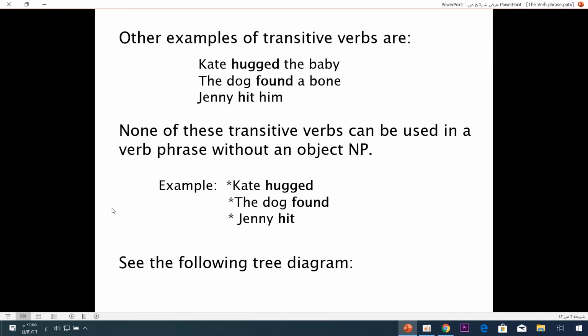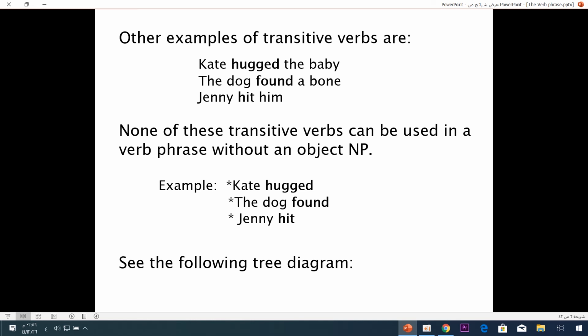Kate hugged doesn't have meaning. The dog found what? Jenny hit what? The object answers the question: what did he find? Whom did she hug? What did Jenny hit?